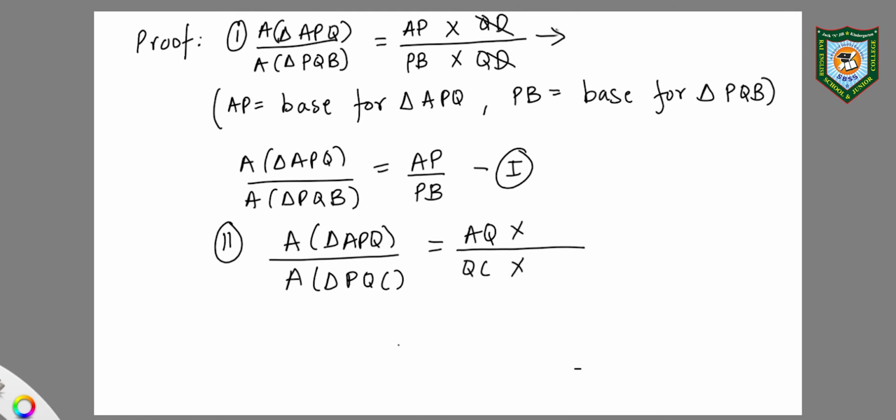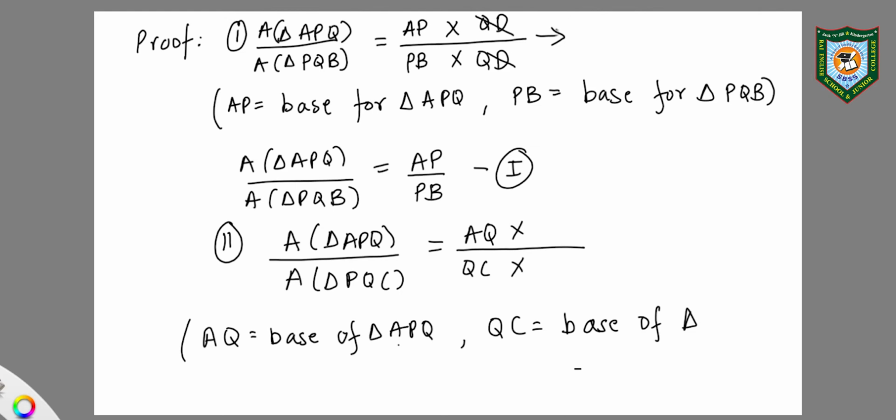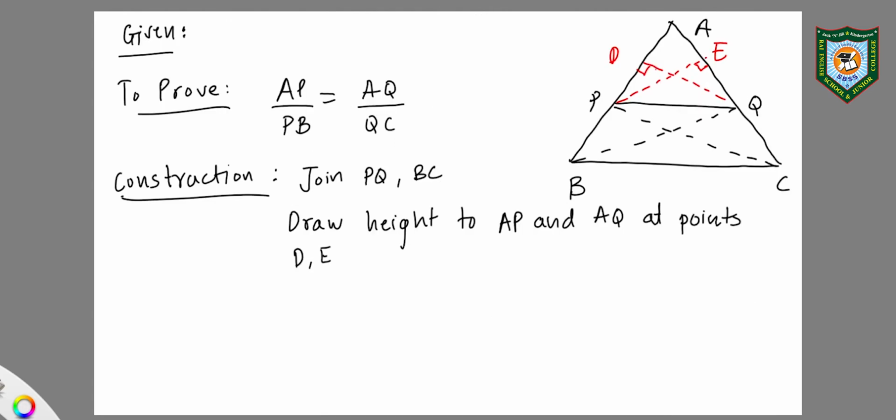AQ is equal to base of triangle APQ, QC is equal to base of triangle PQC. And now in this case, the height for triangle APQ can be called PE, and height for triangle PQC can also be called PE.